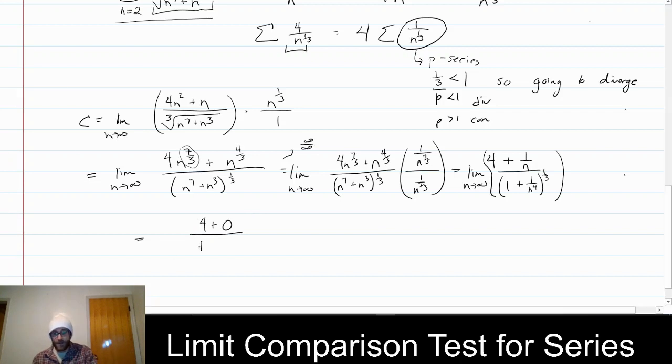And then in the denominator, we have 1 plus 0, again, to the 1/3. And that's going to be 4 over 1, or just 4. Now, is it positive? Yes. Is it finite? Yes. So both either converge or diverge.